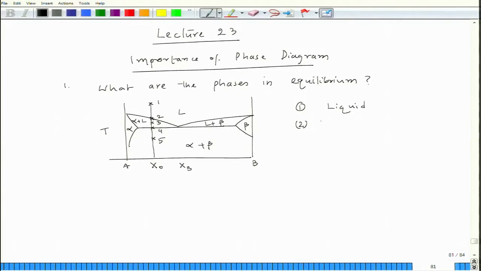At 2, it is just touching the phase boundary between liquid and alpha plus liquid. So, the first alpha would nucleate and the rest would all be liquid.